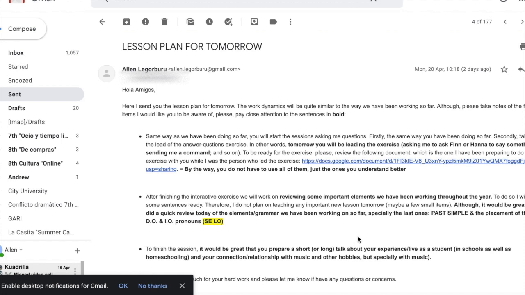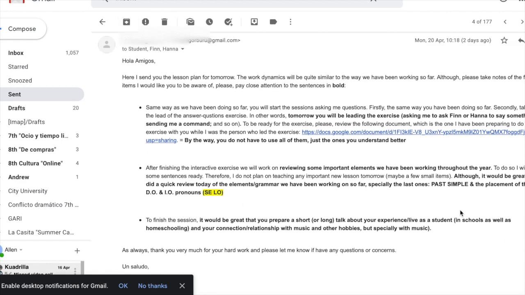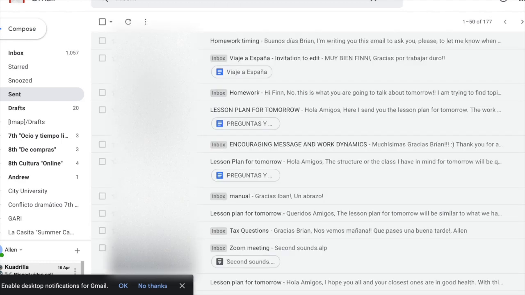Also, I asked them to check some of the elements or lessons we've been working on lately or throughout the year, and this exercise they were going to do. So as I said, it's important to send a lesson plan, a guidance to the students in order for them to know what they are going to see.